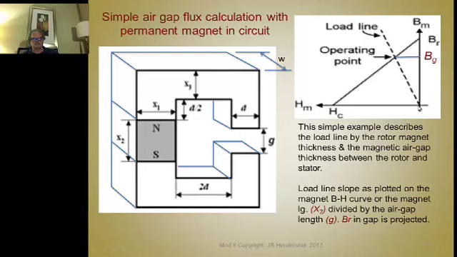You draw a line from the origin up through that intersection of the air gap and magnet length values, and continue on until it intersects the BH curve, and then where that intersection takes place, project horizontally back over to the vertical axis, and that's the flux density you have in the gap. That's how you determine that.